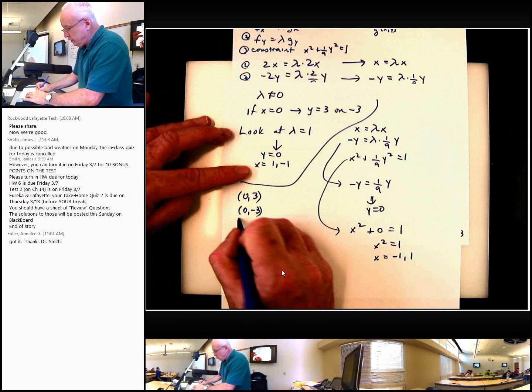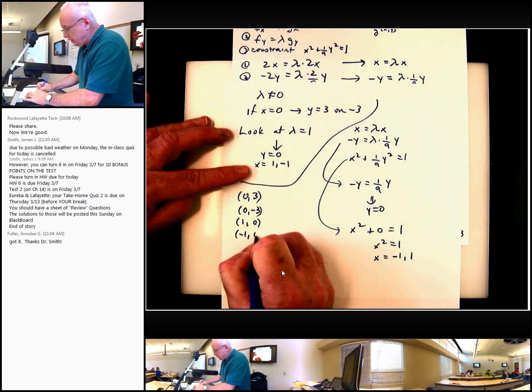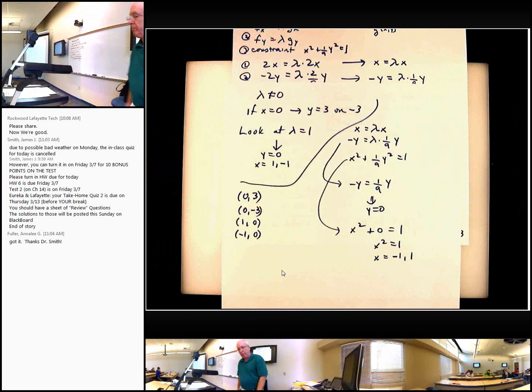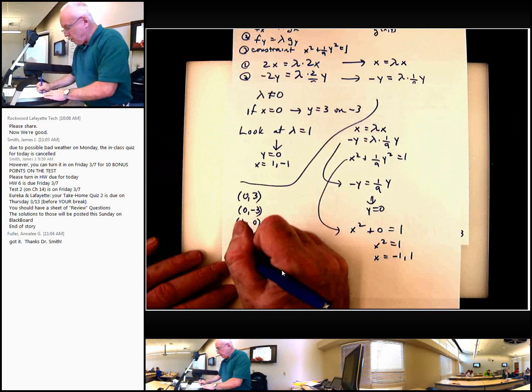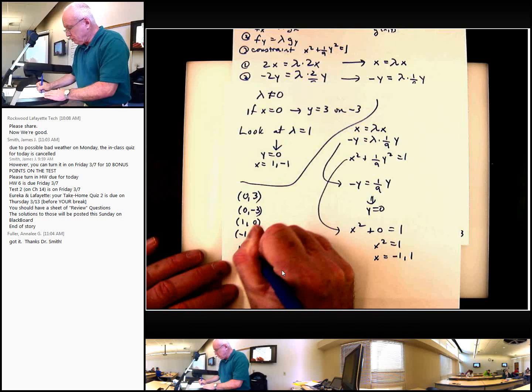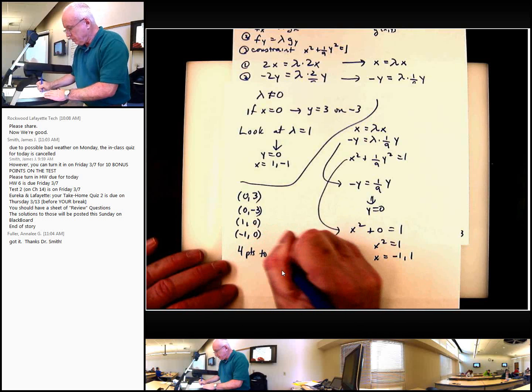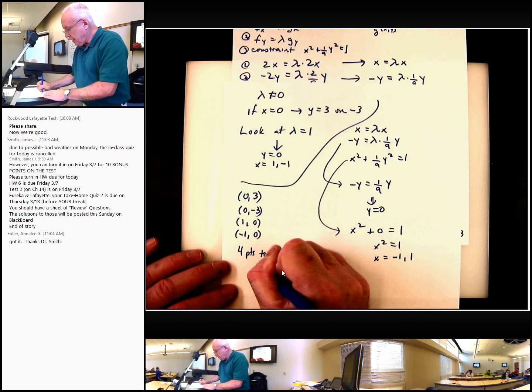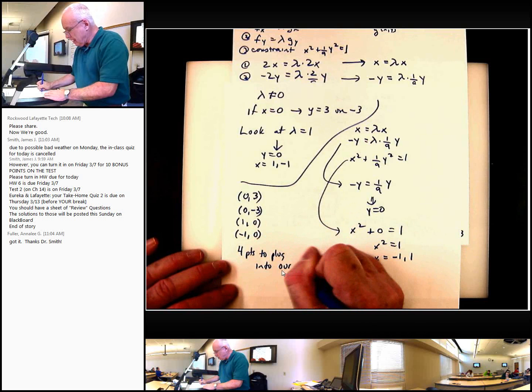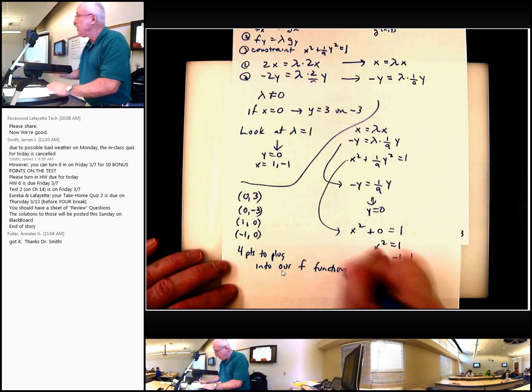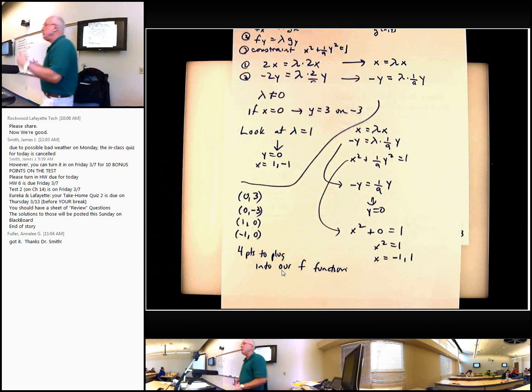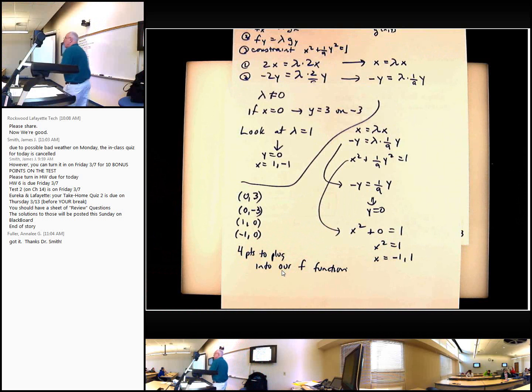So (1, 0) and (minus 1, 0). These are our 4 points to plug into the original f function. And basically then we see which gives us the biggest and which gives us the smallest, okay? This is the hard work.